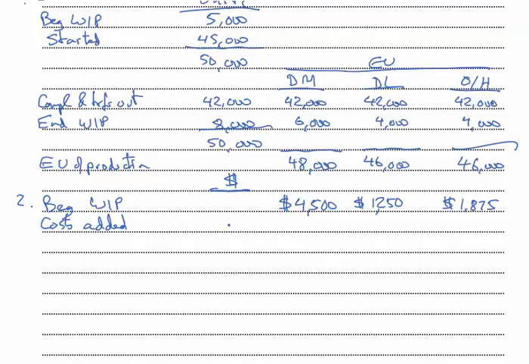So costs added, I guess we can cross add these, and that would give us $7,625. Costs added in the month: $52,800 for materials, $21,500 for labor, and $32,250 for overhead.